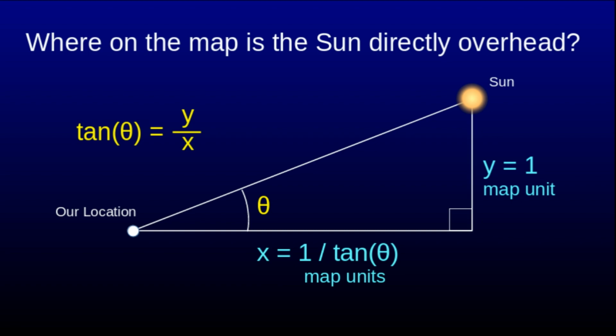If you want to use a smaller piece of paper, and you say that the sun is only 10 centimeters high on your scaled version of the world on your map, then x will be equal to 1 divided by the tangent of theta times 10 centimeters. So this will be in centimeters, or you could say x is equal to 10 divided by the tangent of theta centimeters.